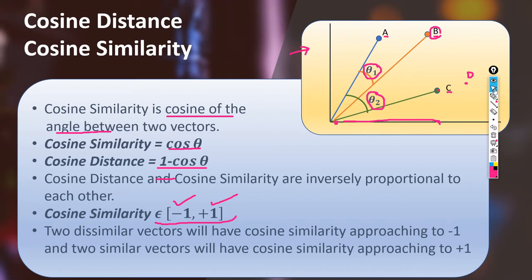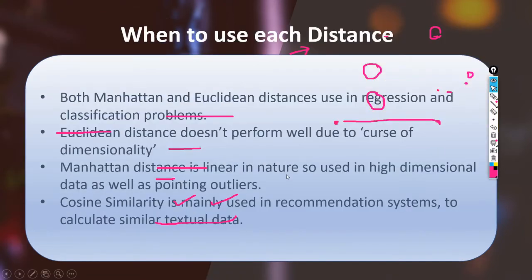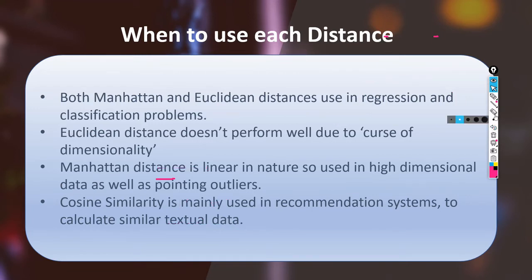So what we have learned: Minkowski distance, Euclidean distance, a special form of Minkowski, Manhattan distance or city block distance, also a special form of Minkowski distance, and cosine distance and cosine similarity. Now there is an obvious question: when to use each of the distances?